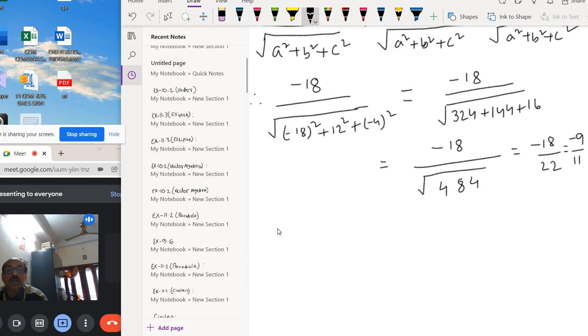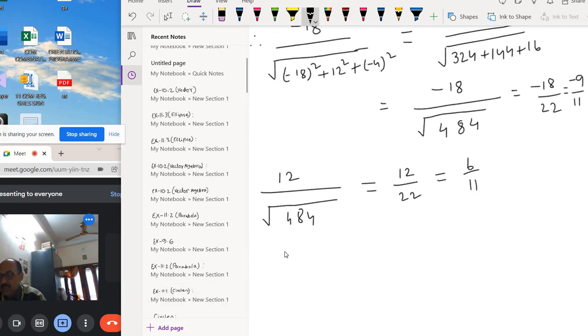Now the second one, that is b by. So b equal to 12. The denominator part is the same for all the three cases, under root 484, so 12 by 22 equal to 6 by 11.